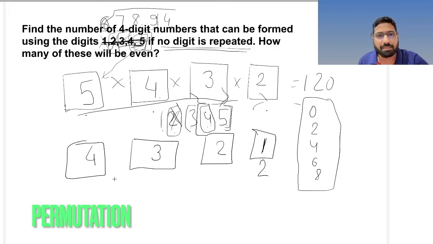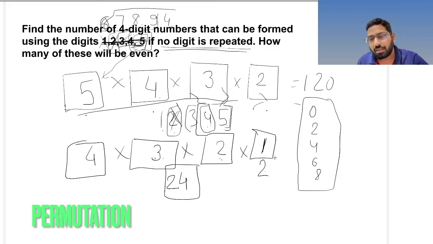So you multiply them: 4 times 3 is 12, 12 times 2 is 24, 24 times 1 is 24. So you will get 24 different numbers when you choose 2 as the last digit.